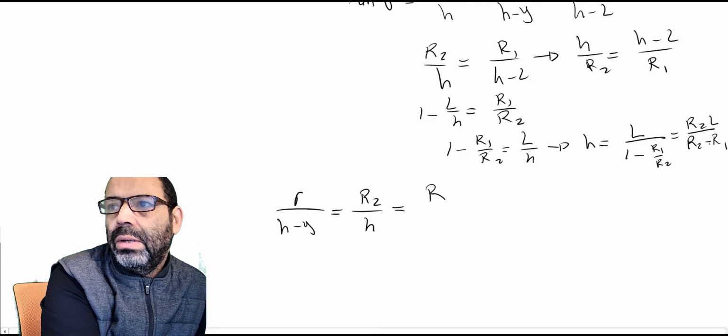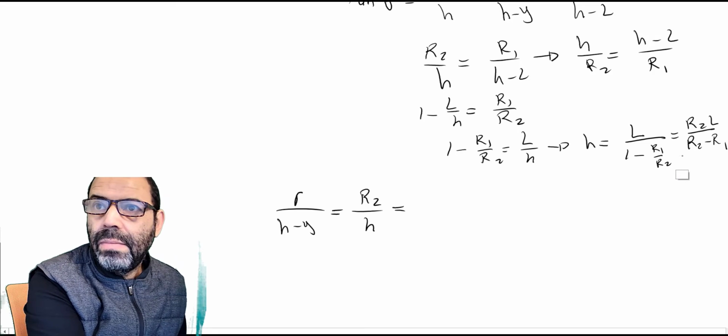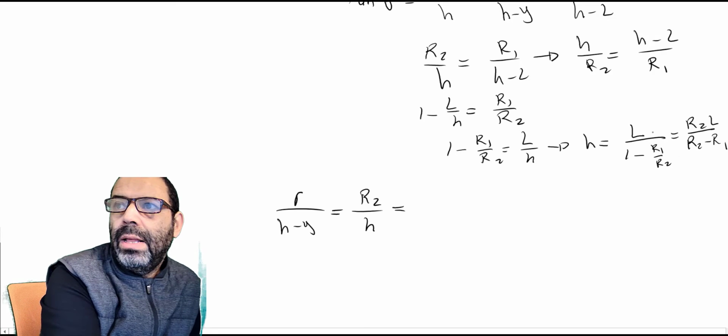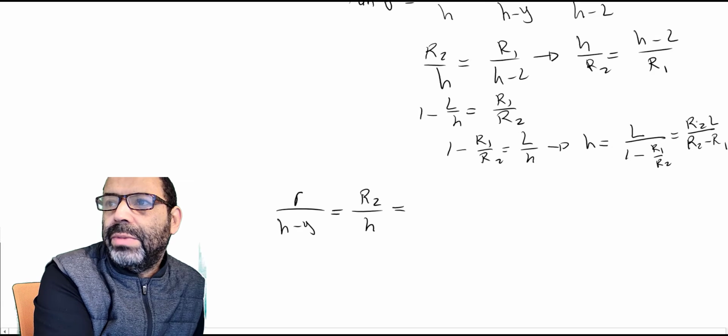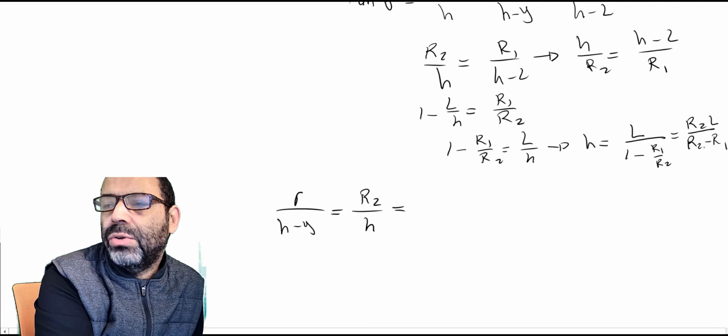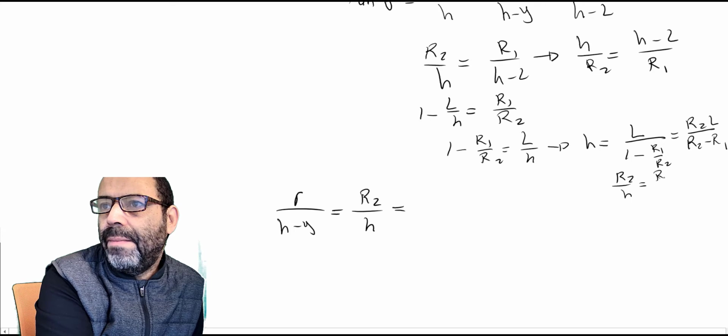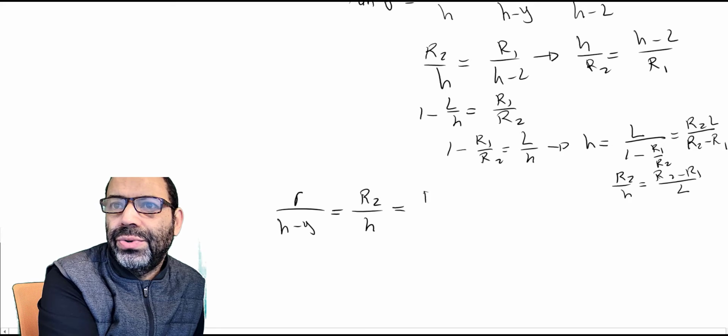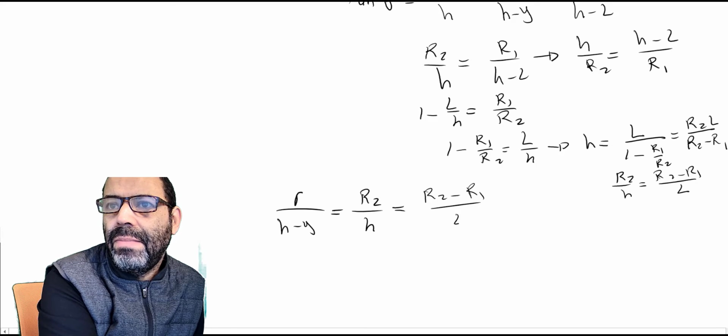I'm sorry. Hold on. Let's not make another mistake in here, okay? r2 over h. From this expression, I know h is equal to r2 L divided by r2 minus r1. So from here, r2 over h is the same thing as r2 minus r1 over L. So this is r2 minus r1 over L.